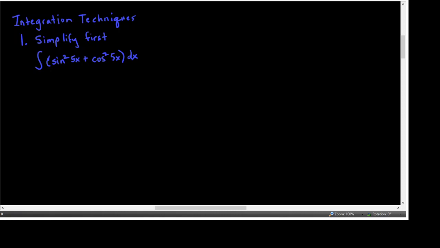But if you realize that you have a Pythagorean identity in place there, the sine squared of any angle plus cosine squared of that same angle is always 1. By simplifying first, you've made this a very easy antiderivative. And that's just a very quick example, but if you had a product of two binomials, you would do that first and then integrate the resulting polynomial.